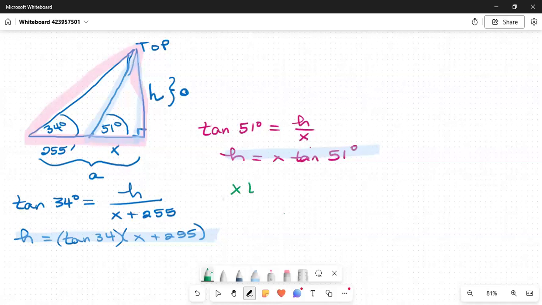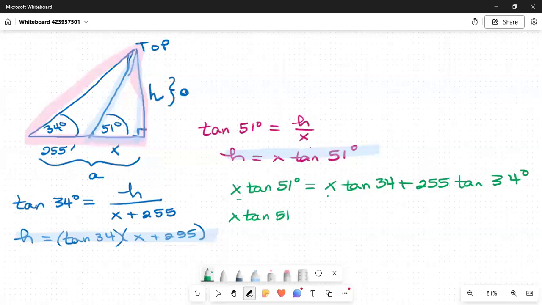So X times the tangent of 51 equals X tangent 34 plus 255 tangent 34. I need to group the X's to one side. So we have X tangent 51 minus X tangent 34, of course, that's degrees, and that's equal to 255 tangent 34.